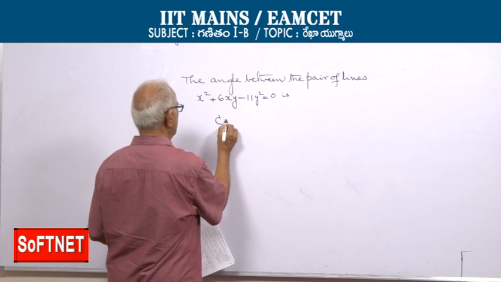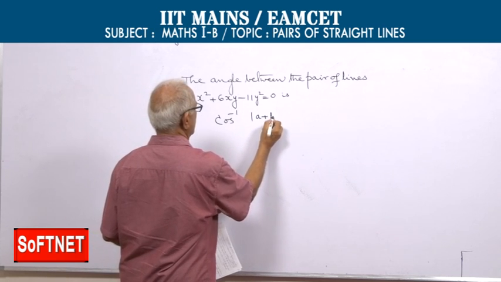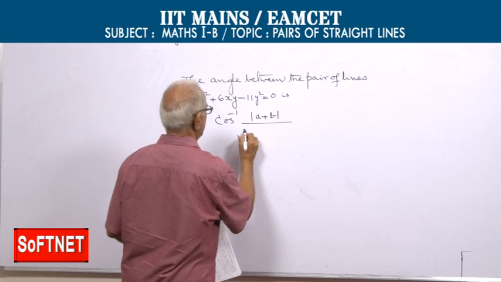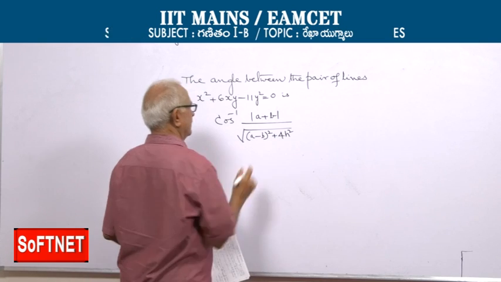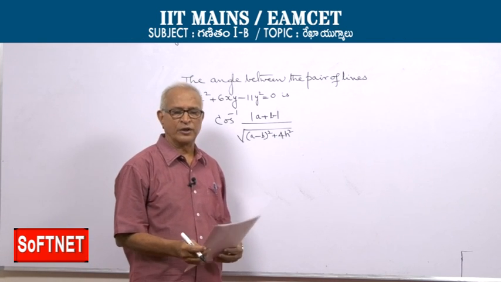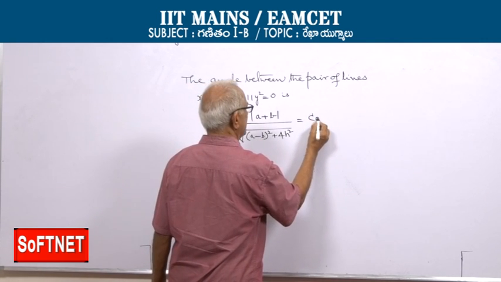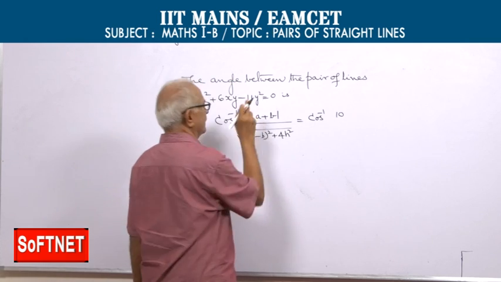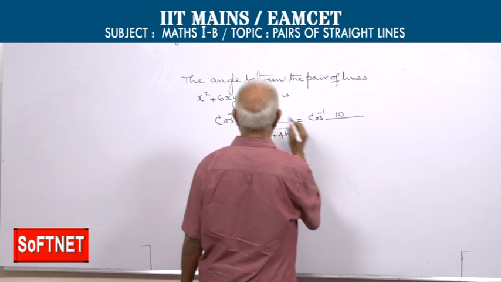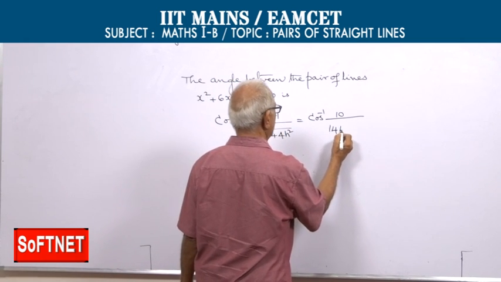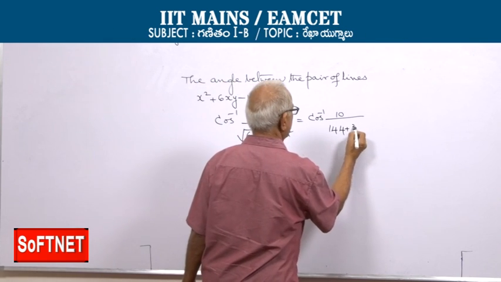So, it is r cosine. The formula is mod (a plus b) by square root of (a minus b) whole square plus 4h square. Well, that is the formula we mentioned just now. So, a plus b, a is 1 and b is minus 11. So, r cosine 10, because 1 minus 11 is minus 10, mod minus 10 is 10, by root of (a minus b) whole square, 1 plus 11, 12 whole square, 144, plus 4h square, 2h is 6, 36.